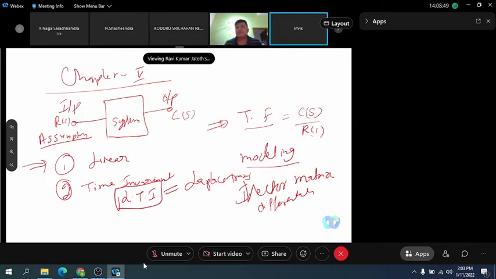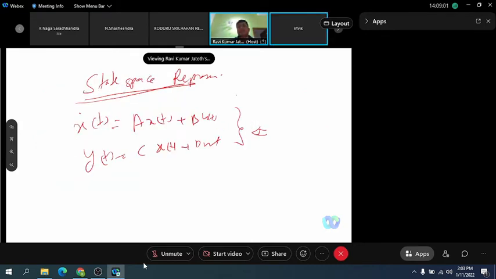The modeling, sir, what we have done is in frequency domain, meaning the model which we got is in frequency domain. Yes, sir. But here we will try to represent the system in time domain itself. So chapter number 5 is modeling the system in state space representation.